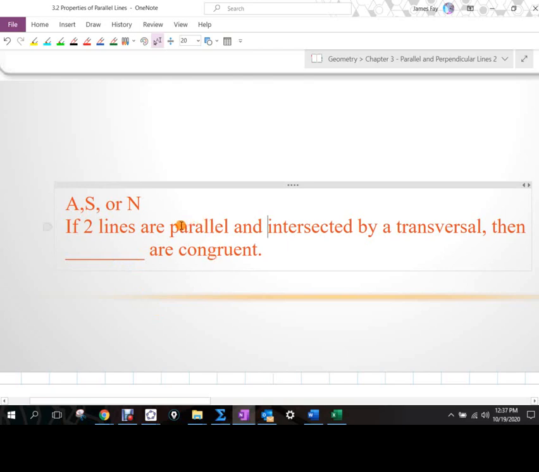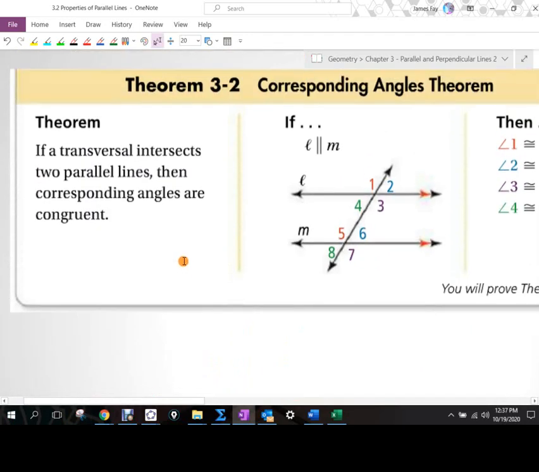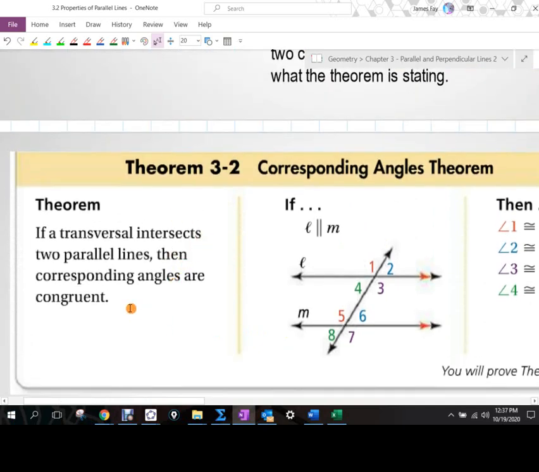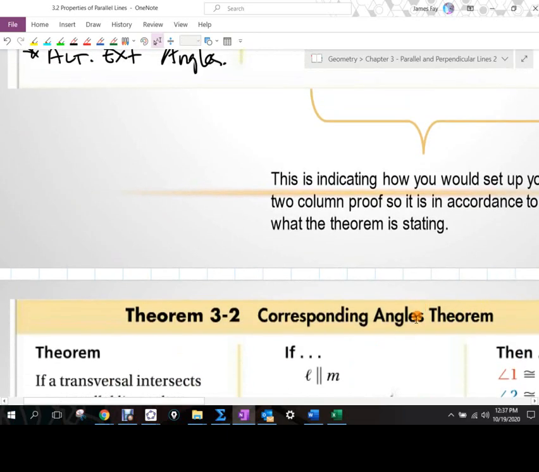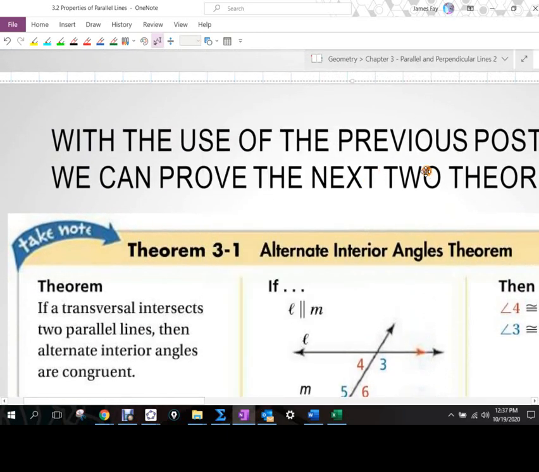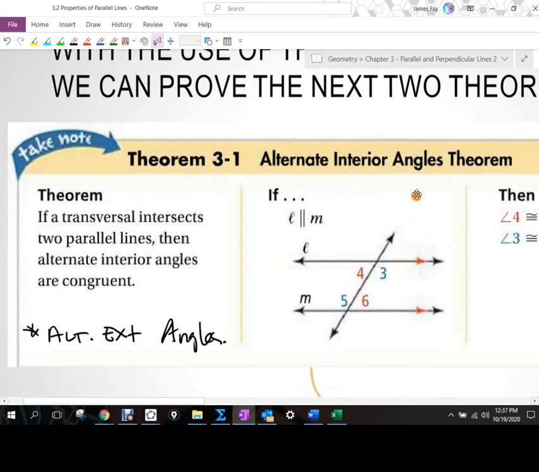If I force the lines to be parallel, they're always congruent, right? Does that make sense? So I need to tell you, remember the if part has to be satisfied by you, okay? And the if part for all of these theorems and postulates today says you have to have 2 lines that are parallel to get the conclusion of congruency or supplementary when we talked about the same side interior. Is that doable? All right.